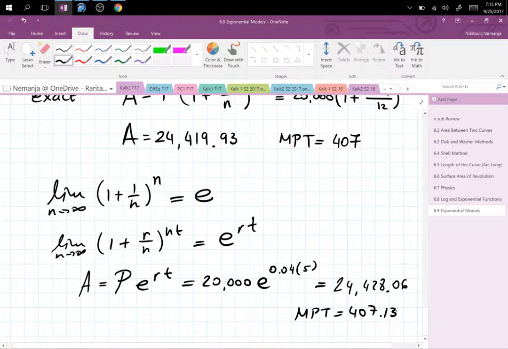What this gives you guys is the ceiling. At this interest rate for 5 years, there is no way in hell that the payment is going to go over 407.13.